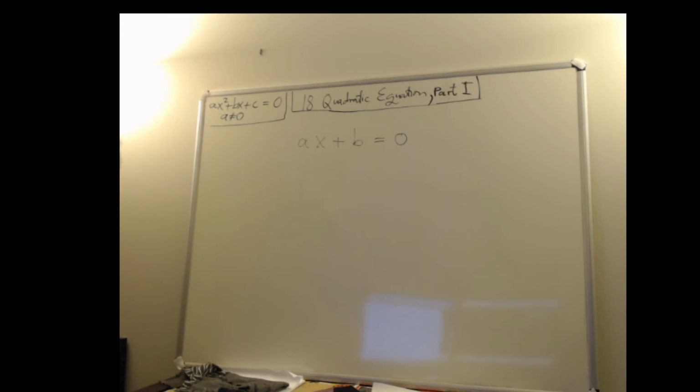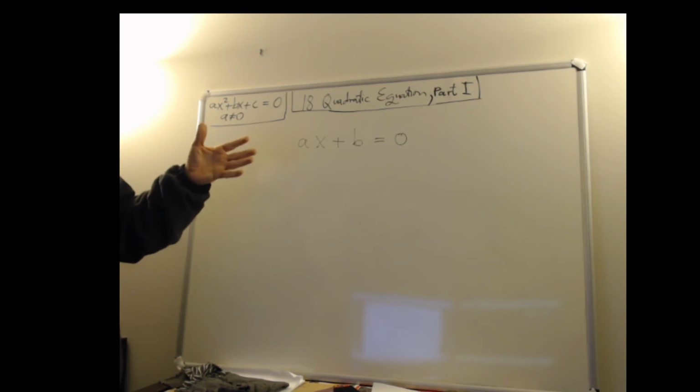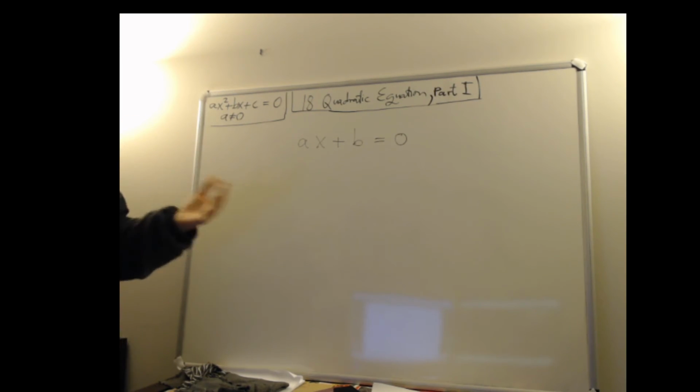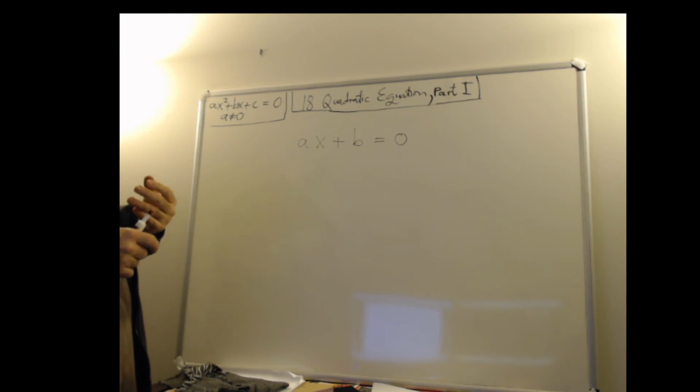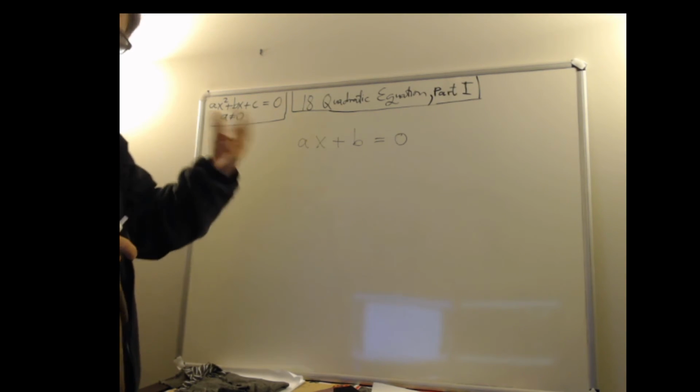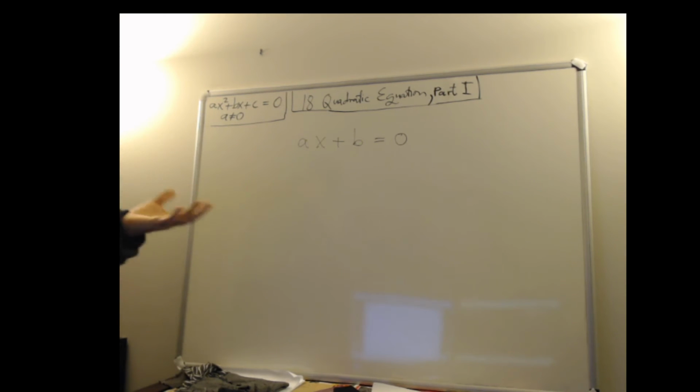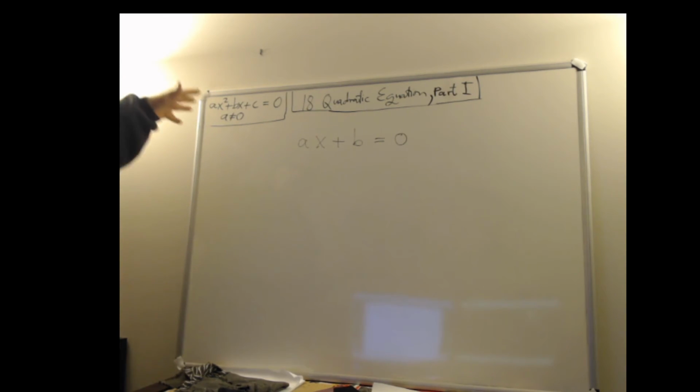That's the standard format, which basically means a linear equation has a term with x and a constant term, and that's pretty much the only type of term you can have. If we add a quadratic term, it will change a little bit.